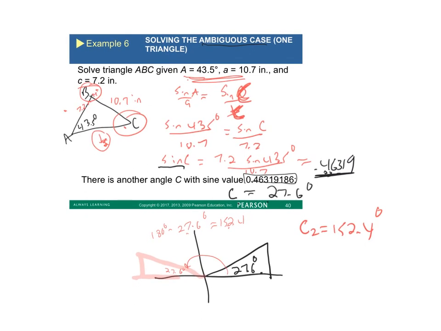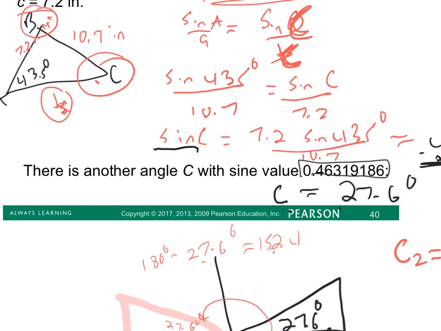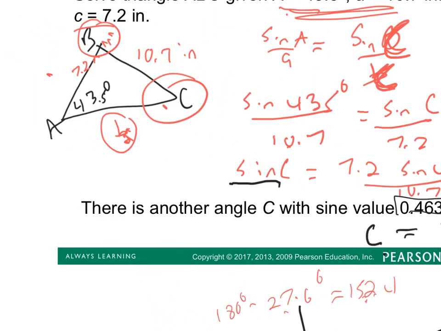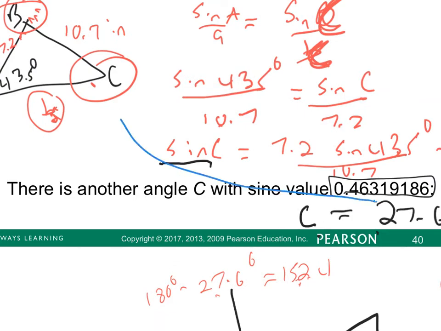But let's look at my triangle here. If I had the 27.6 as angle C, so let me put it in blue here, that gave me C of 27.6.